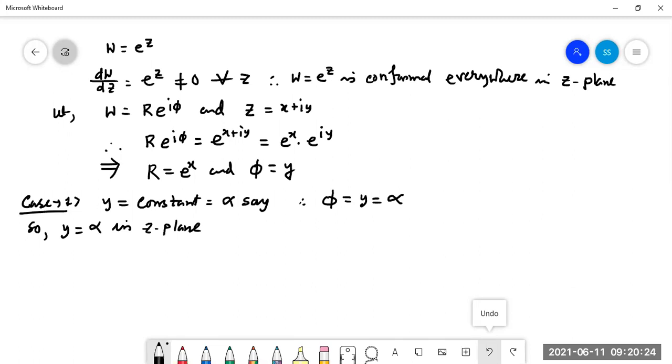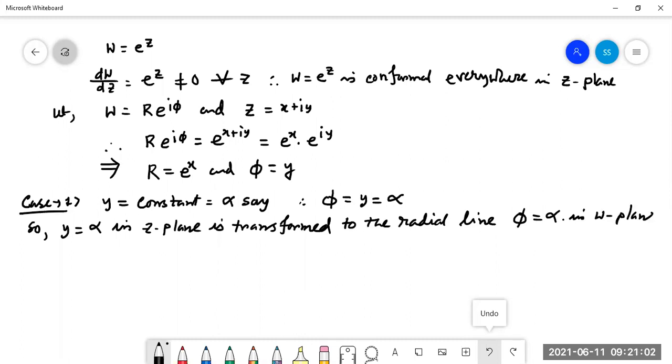Phi equal to alpha in the z plane is transformed to the radial line phi equal to alpha. So it was in the z plane a straight line parallel to the x-axis. After transformation, it gives a radial line phi equal to alpha in the w plane actually.